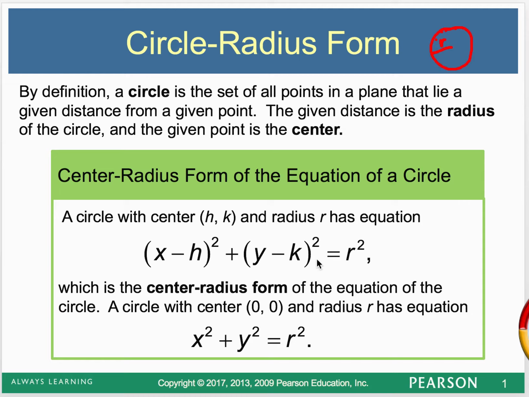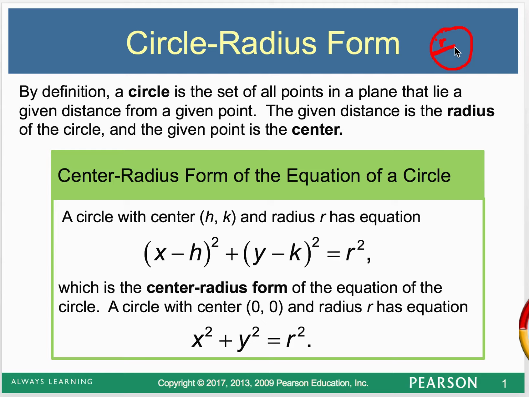It also is just the Pythagorean theorem. Because remember last time we were talking about how the distance formula is basically just the Pythagorean theorem? Well, on a circle, all I need to know is this distance. If I know the distance of the radius of a circle, then I know where all the points are.